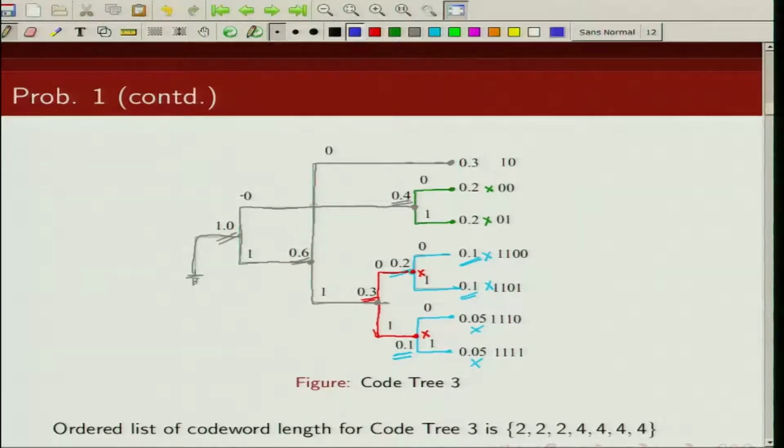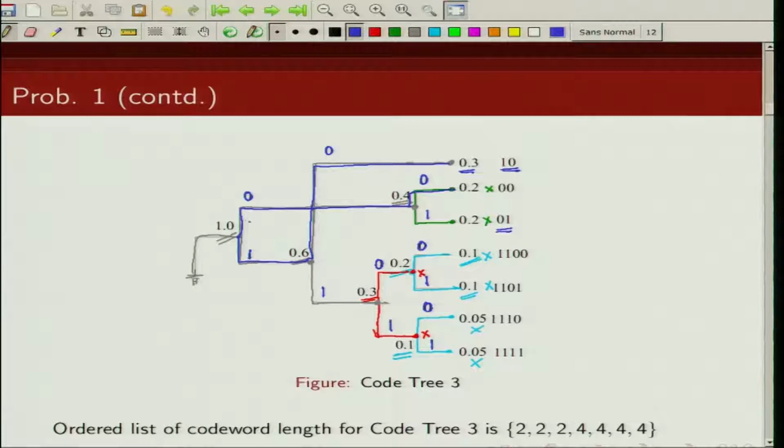Now if we look at the code words here, again we label each of these branches by 0 and 1. So you can see the code word corresponding to this is 1, 0. The code word corresponding to this is 0, 0.